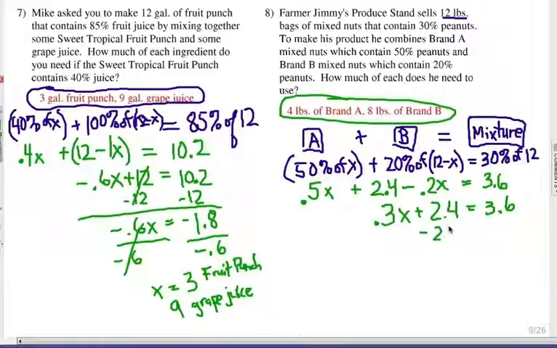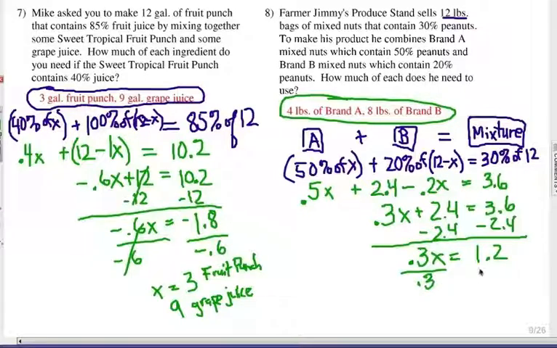Let's subtract 2.4 from each side. And so 0.3X equals 1.2. We're going to divide each side by 0.3. Just some simple algebra steps.